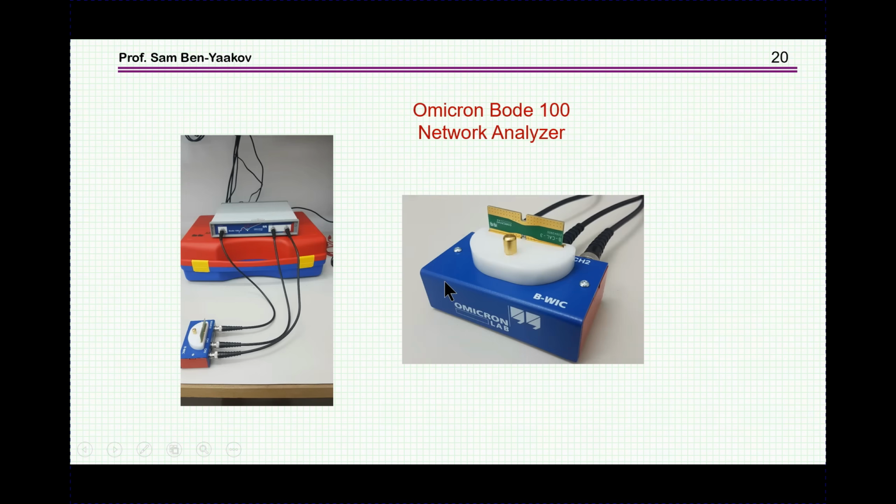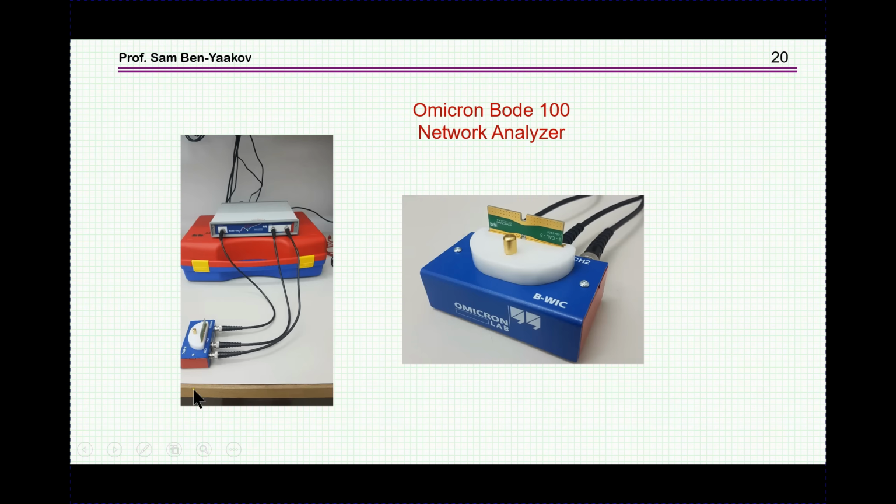So here comes to the rescue an Omicron Bode 100, which is a network analyzer and has a fixture for measuring inductances and, as a matter of fact, capacitors. So here is the fixture.